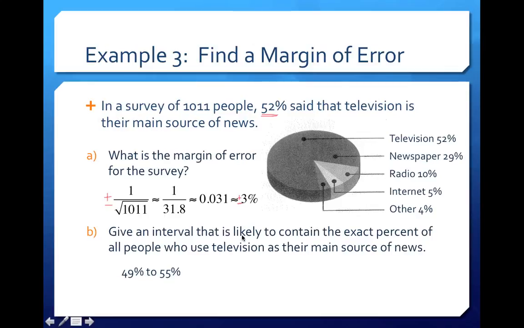We would expect that the percent of all people who get their news from television would be somewhere between 49% and 55%. 52 minus 3 is 49, and 52 plus 3 is 55.